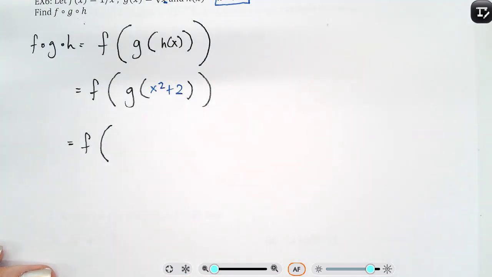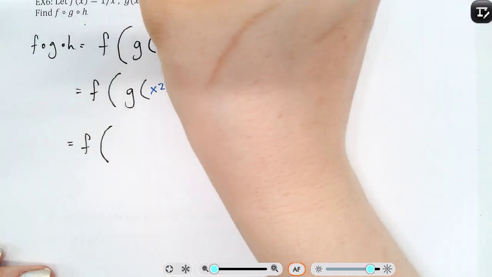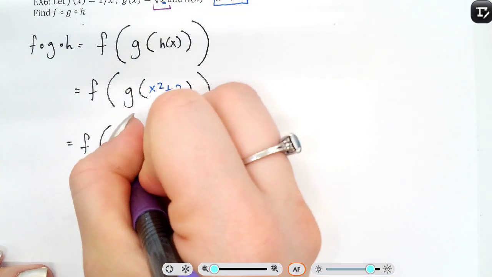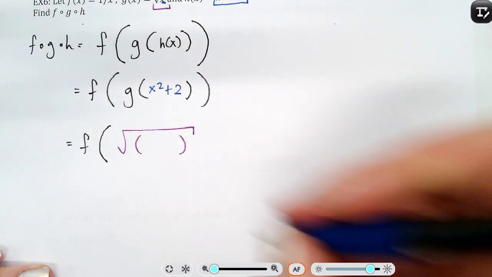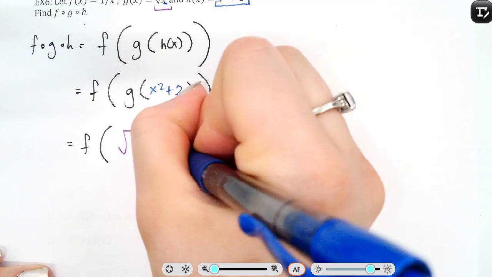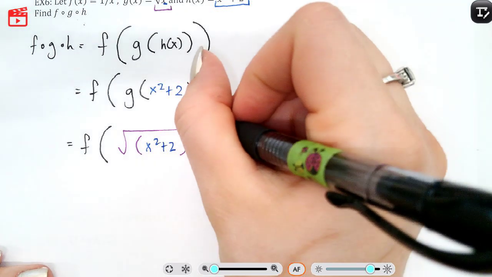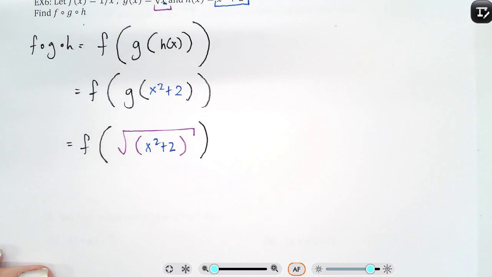So my g function, let's see, we'll use purple for g. That's going to be the square root of my h function, which was the blue. Well, we can't actually simplify that.